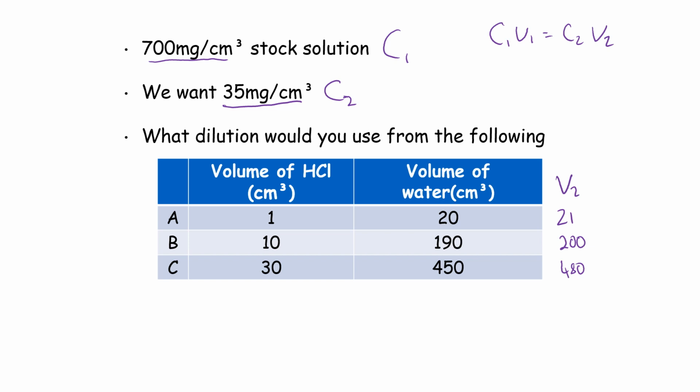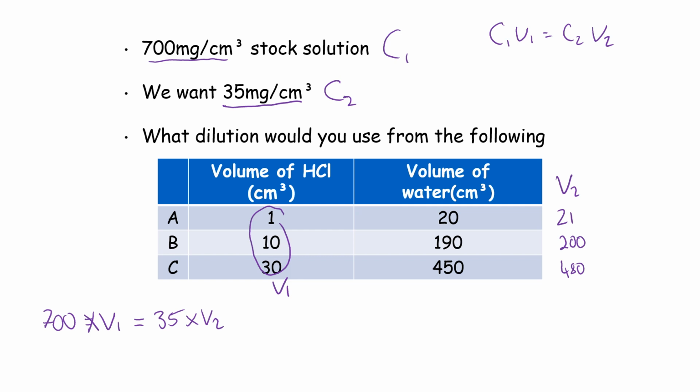So what we need to do is look at concentration 1. So 700 multiplied by V1 is going to be 35 multiplied by V2. And what we need to do is just work out which one of these fits into that. This is our stock solution. So these are all our V1s. These are all of our V2s.